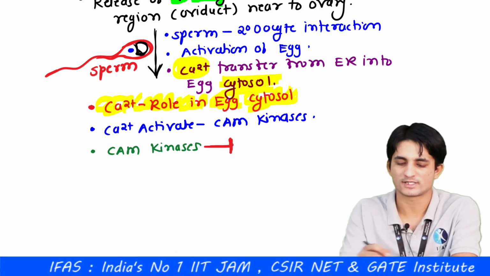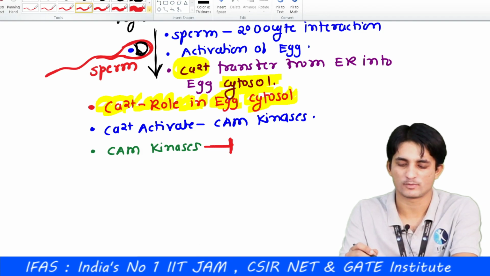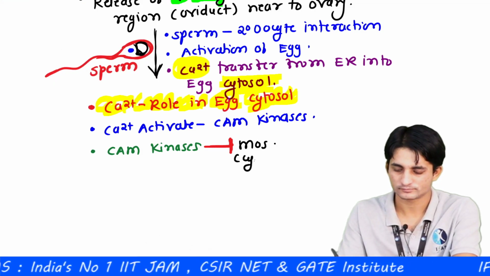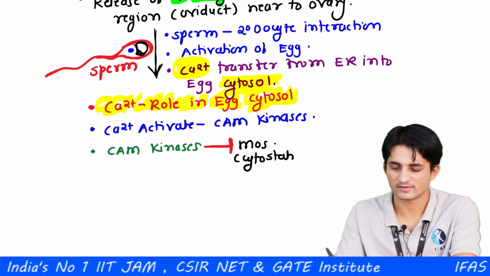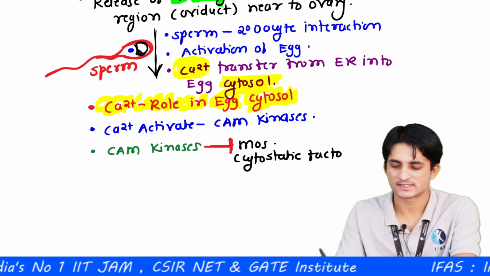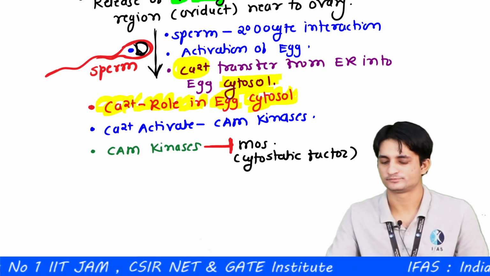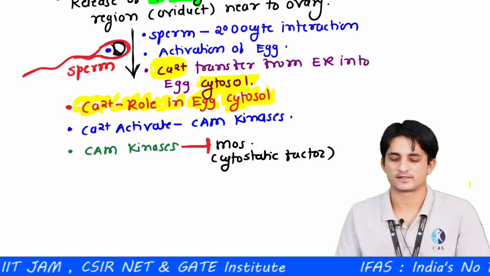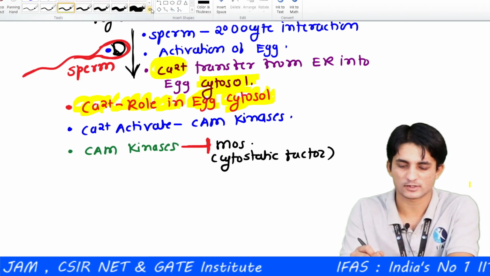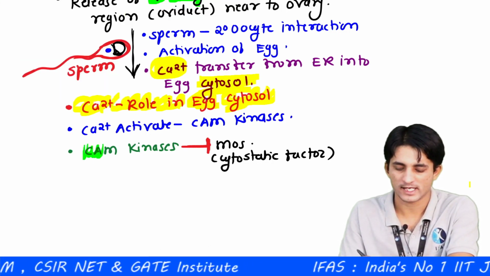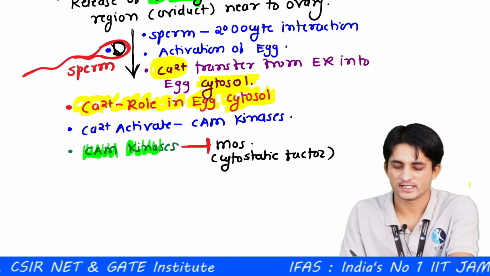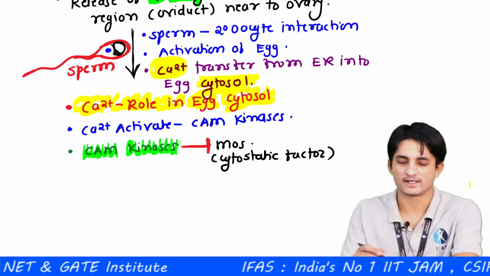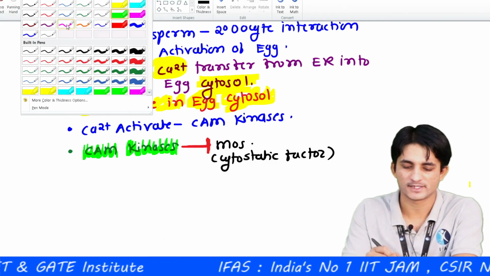Whatever MOS is inhibiting the anaphase promoting complex, this MOS, that is cytostatic factor, is inhibited by the CAM kinases and it is degraded. This plays a major role. So as CAM kinases inhibit MOS, cytostatic factor, MOS gets degraded and there is activation of the anaphase promoting complex.